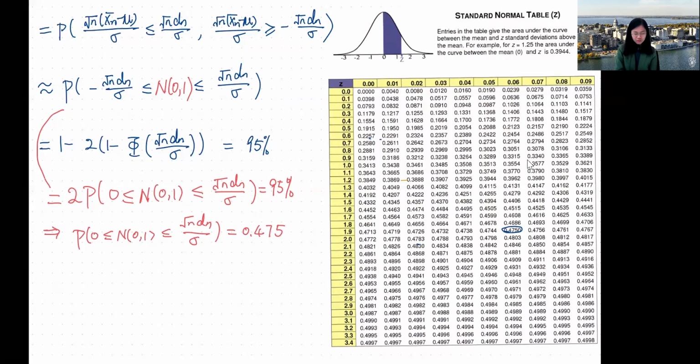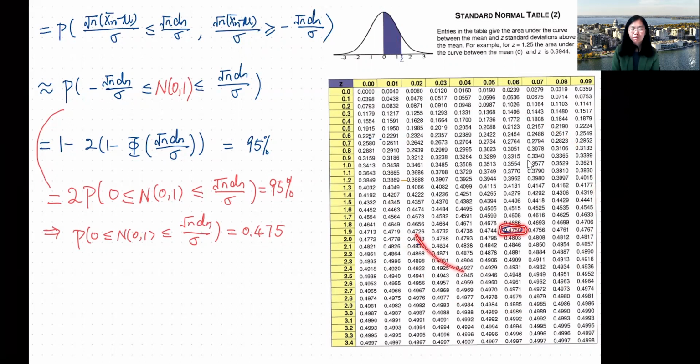So how do we figure out root n Dn over sigma? We can look at the standard normal table and look for the z value that corresponds to the probability 0.475. Which probability in the table is the closest to 0.475? We look around and we found it is here.